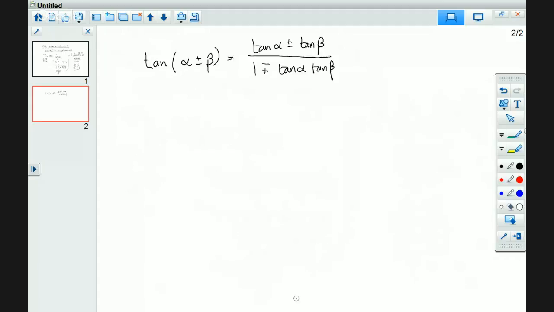We're going to look at number 6, pi over 12. So this is out of your book too. Okay, what two numbers do we need to use?